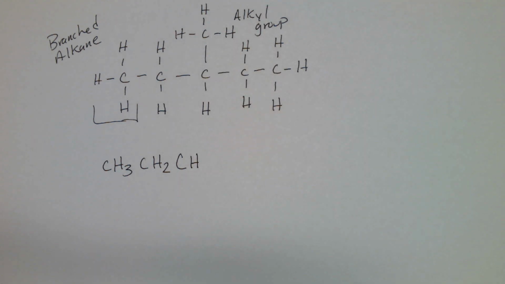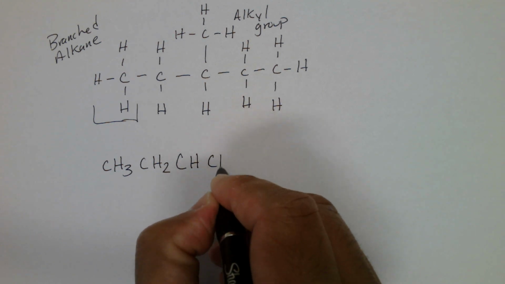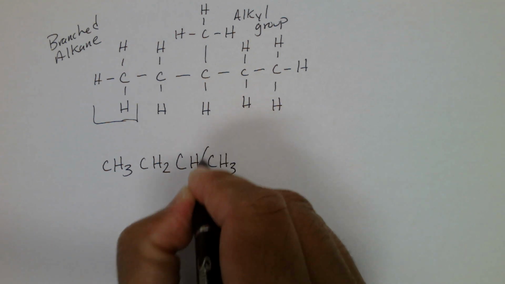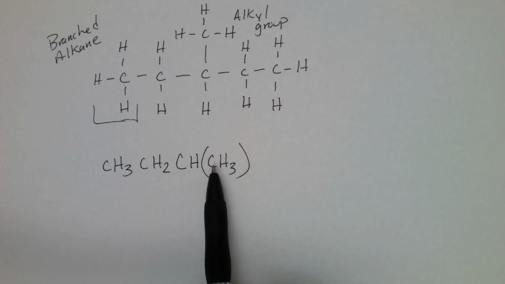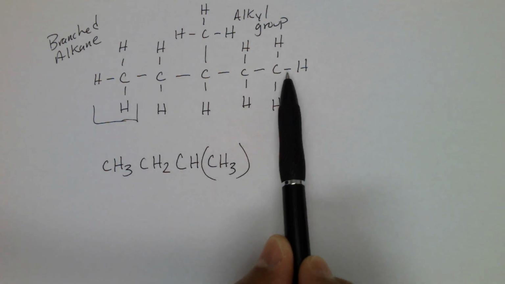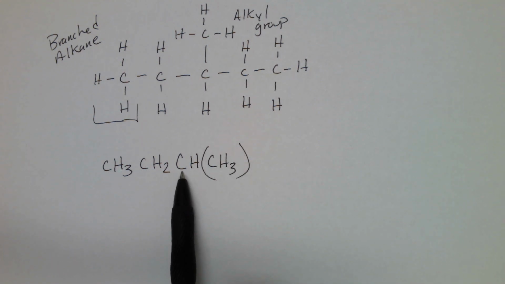Whenever you have these alkyl groups that are branching off, we need to put these groups in parentheses. The significance here is that the parentheses tells us that this group is not part of this 5 carbon chain, but rather this group is bonded to that previous carbon.